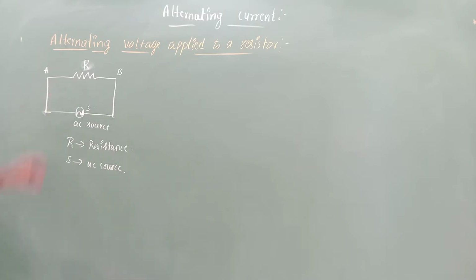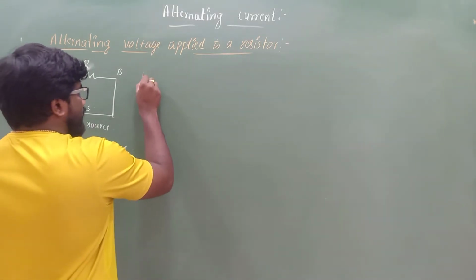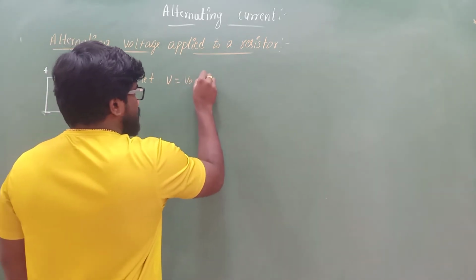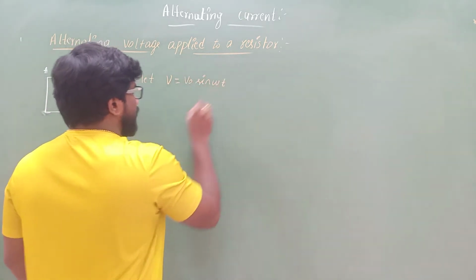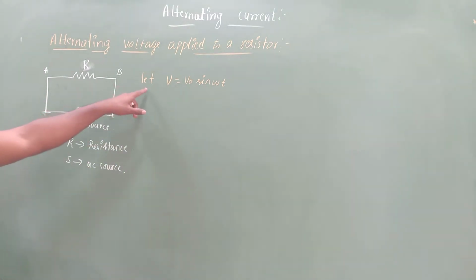Correct. Now we know the value of alternating voltage. Let V equal V naught sine omega t, where V is the alternating voltage, the instantaneous voltage.